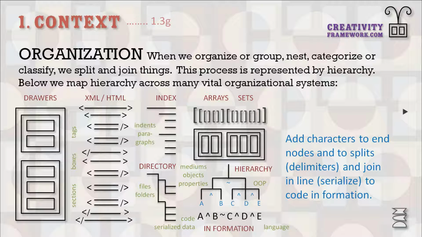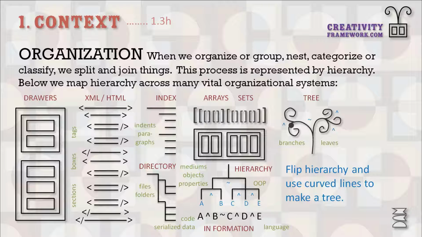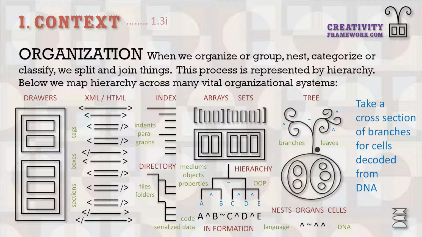Language. If we flip the hierarchy upside down, we get a nice organic looking tree. We can make curves, that's the same, but more organic and friendly looking. We keep the delimiters there. Now we look up the trunk of our tree. So this is a cross section looking up the trunk, and we see it break into two branches. 1, 2 branches, and then into 2 branches again. 1, 2, and this one over into 3.